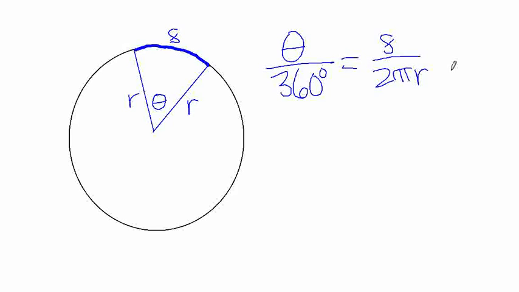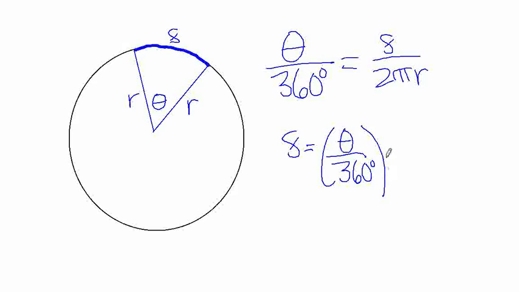All right. So now we can solve for s. Let's multiply both sides by 2 pi r. So we get that s is equal to theta over 360 degrees, the fraction of the angle of the entire circle, multiplied by the circumference. Okay, so that's a handy formula to remember.